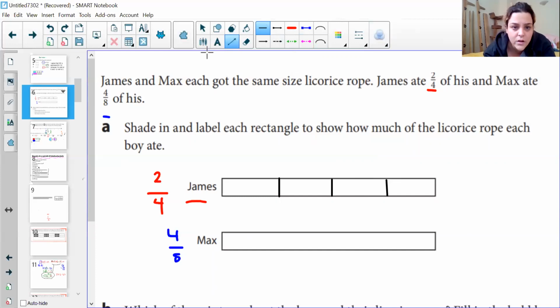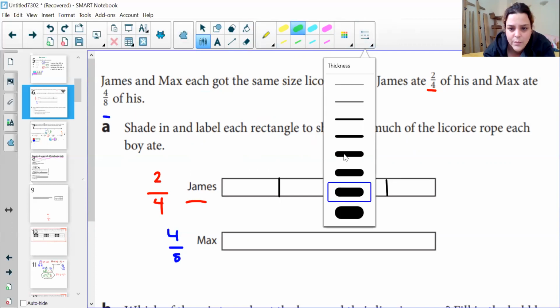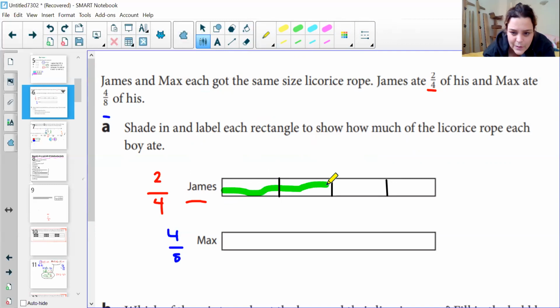And he ate 2/4. So what am I going to do? I'm going to grab my highlighter again. Let's do green. I'm going to make this a little bit smaller. And he ate 2/4.